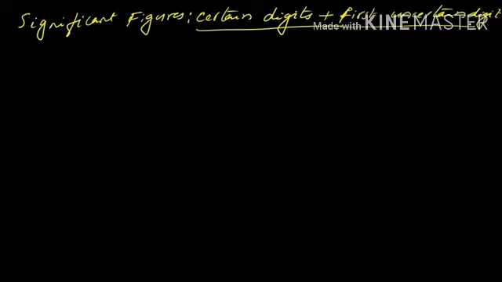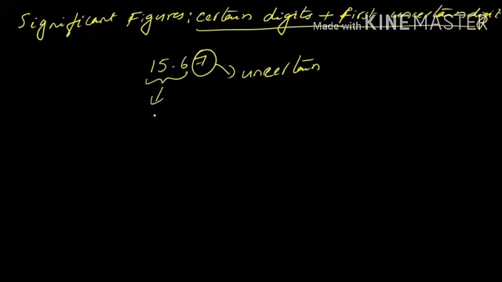Now, I was telling about the significant figures. What is a significant figure? A significant figure contains certain digits and one uncertain digit also. So certain digits plus the uncertain digit will give you the significant figure. For example, 15.67.